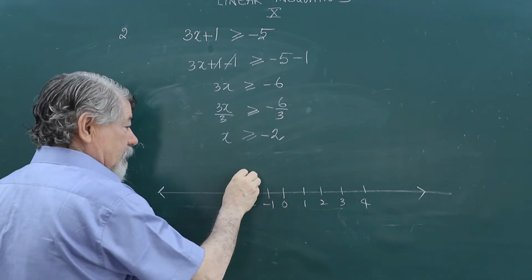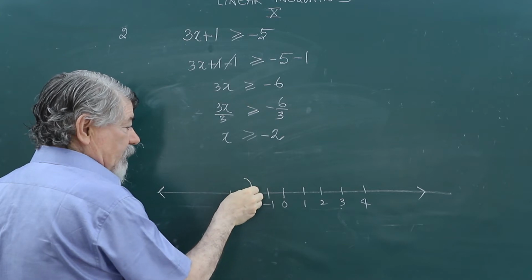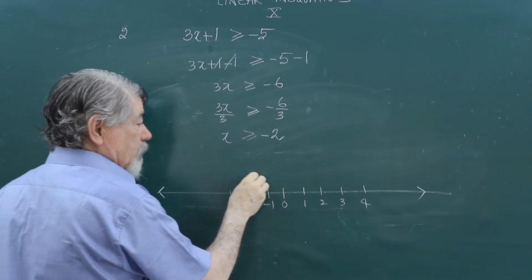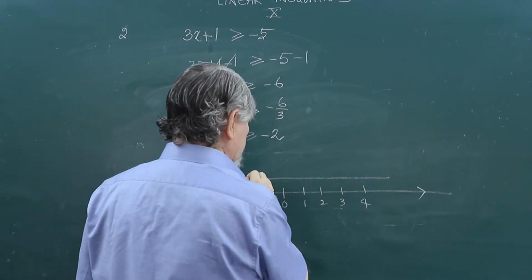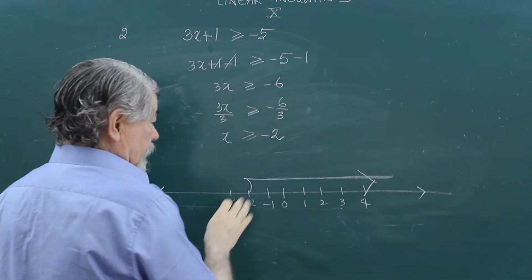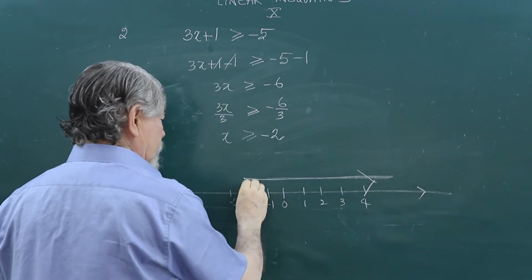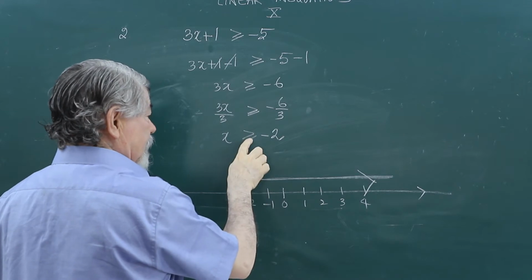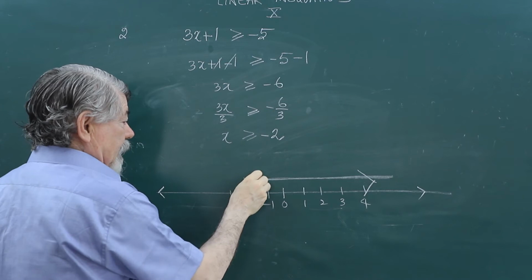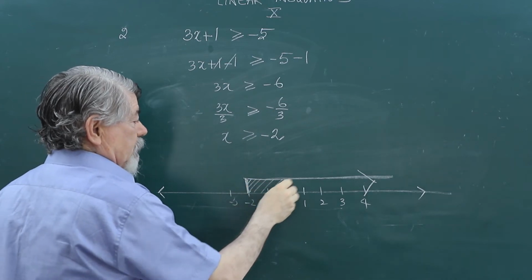So greater will come to this side. It is not equal to, and it is neither less than. So it is greater than or equal to minus 2, also equal. So there is a sign of equality, that is why we have put this straight line.